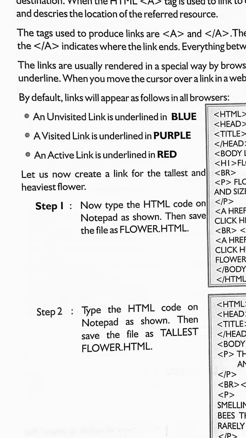There is also a color known as red. It is often not noticed, but when you see a blue link, and you click and hold the mouse button, it will be red, and when you leave it, it will change to purple. So these are the colors that indicate what type of link it is.